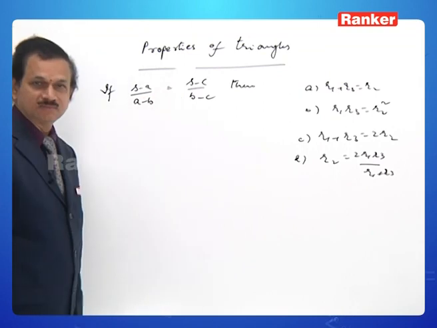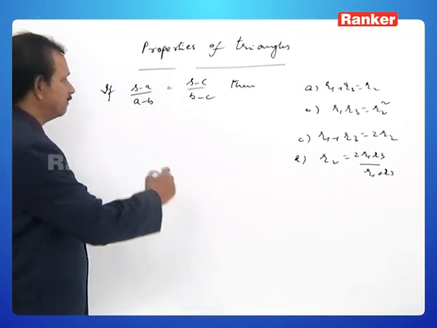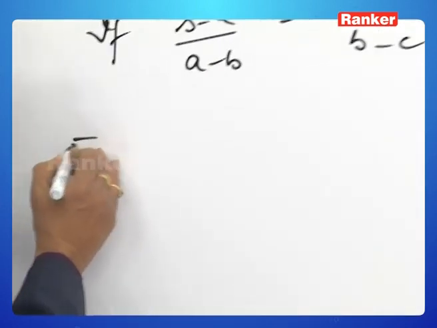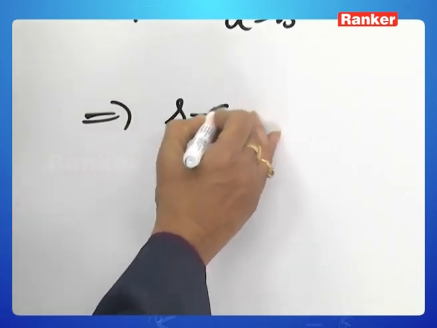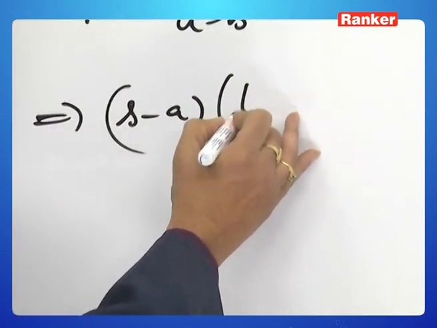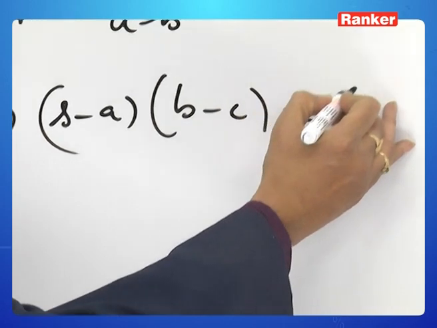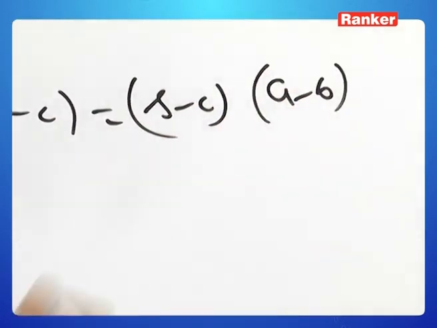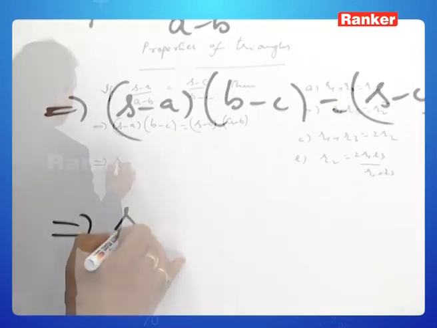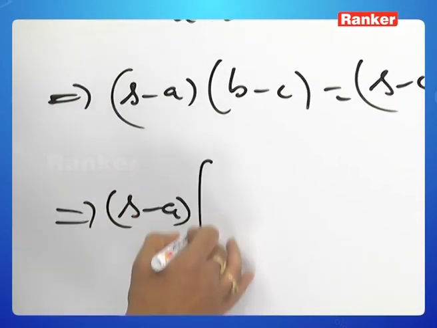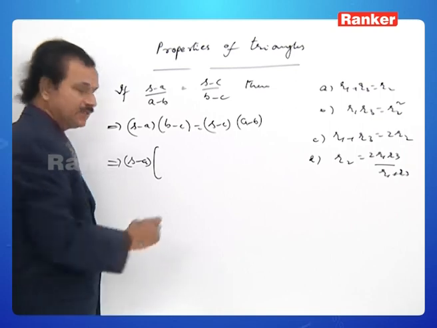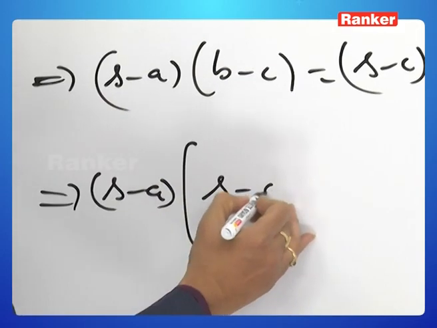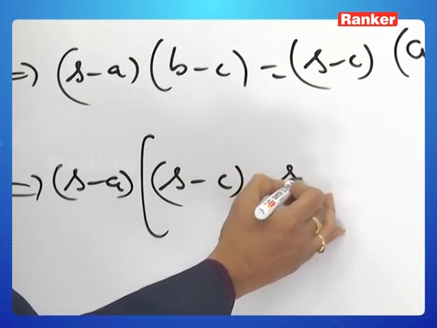This is of course the given item. Let me cross multiply this. What happens? This is (s minus a) into (b minus c) is equal to (s minus c) into (a minus b). This implies (s minus a) into this (b minus c) could be written as (s minus c) minus (s minus b).